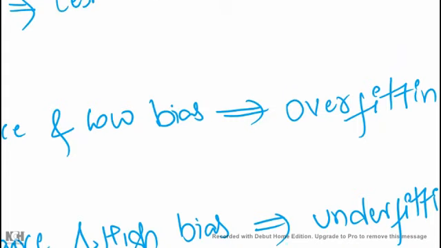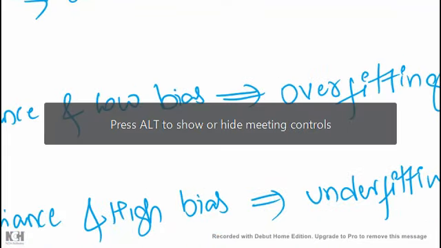If a model has low train error, that is low bias. Low train error means high train accuracy. You have very high train accuracy.